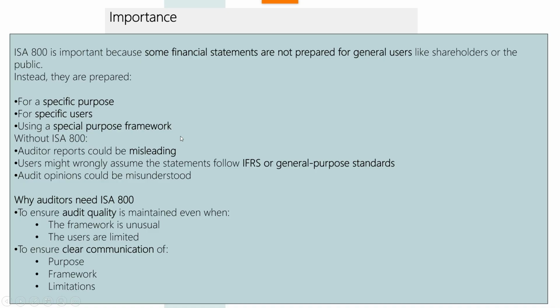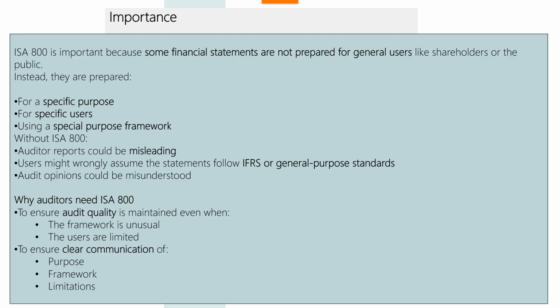Without ISA 800, the auditor's report could be misleading and users might incorrectly assume that the statements follow IFRS or other general purpose standards. ISA 800 ensures auditor quality is maintained and that the purpose, framework and limitations are clearly communicated to the user.